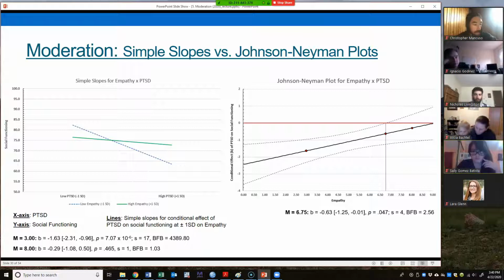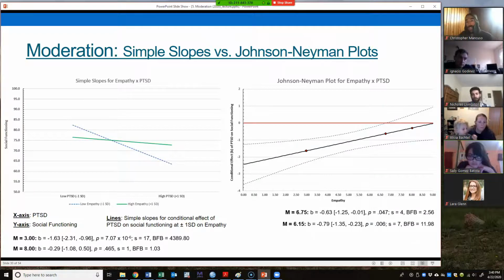No, it's going to jump around, right? So maybe what I want to do instead is say, all right, at what point do I see something that starts looking like strong evidence for a unique effect of PTSD on functioning?